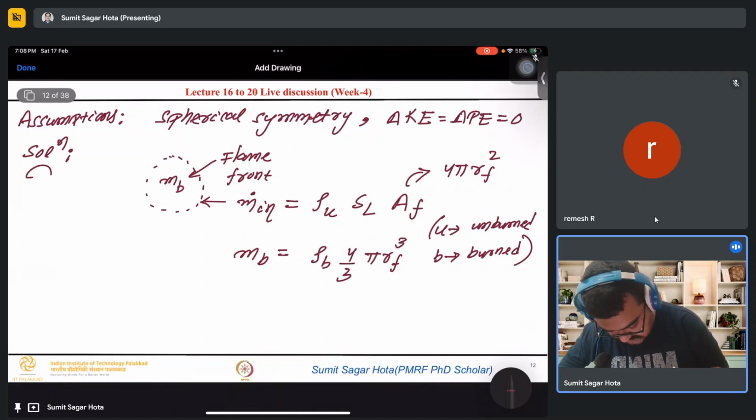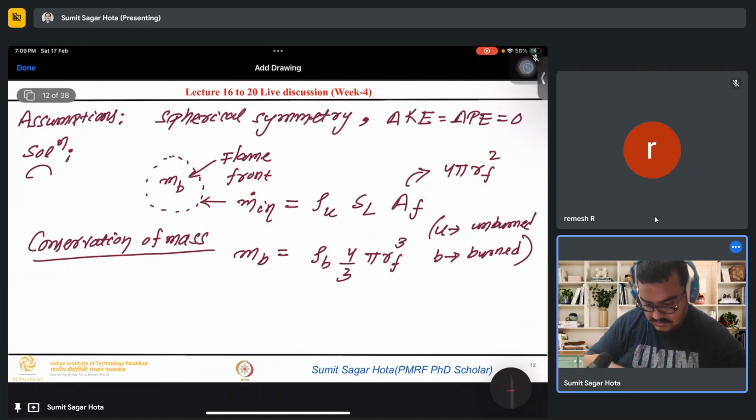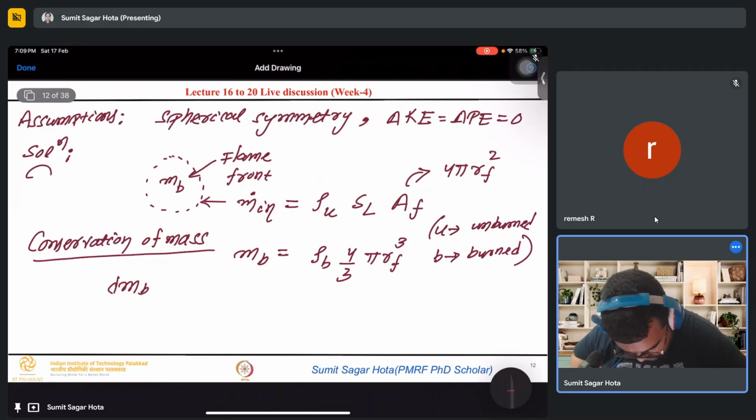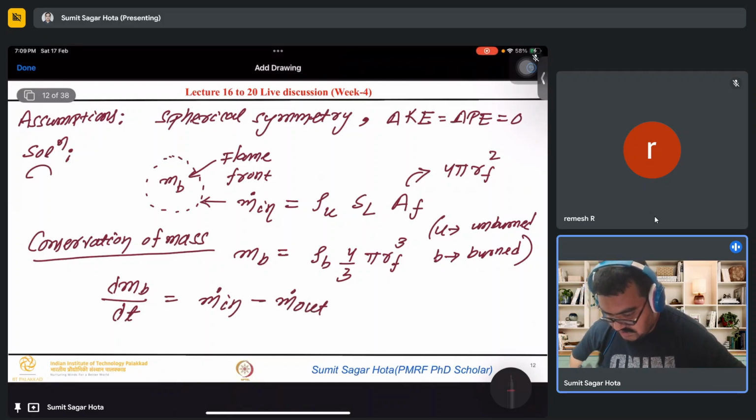Let's apply conservation of mass. dmb by dt is equal to m dot in minus m dot out. There is only material going into the control volume.